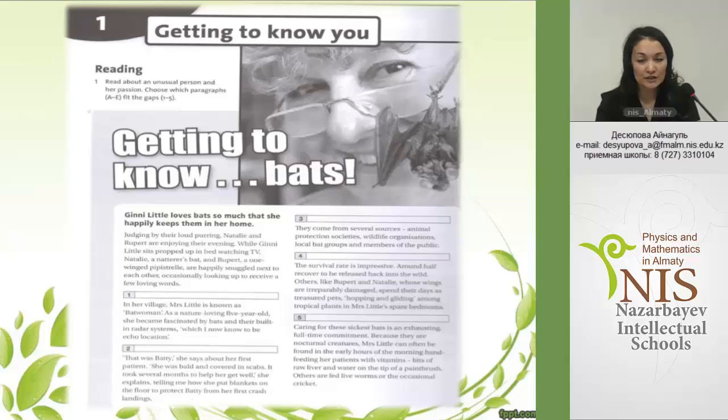To practice their speaking, I ask my students to compare their own attitude to bats with Jenny Little's belief. And of course, they have to justify their responses, drawing information from the collocations of the previous activity.